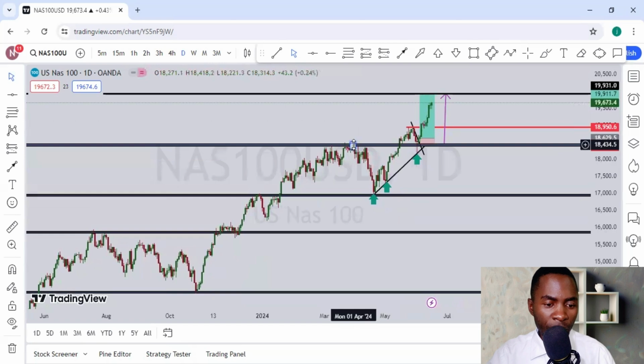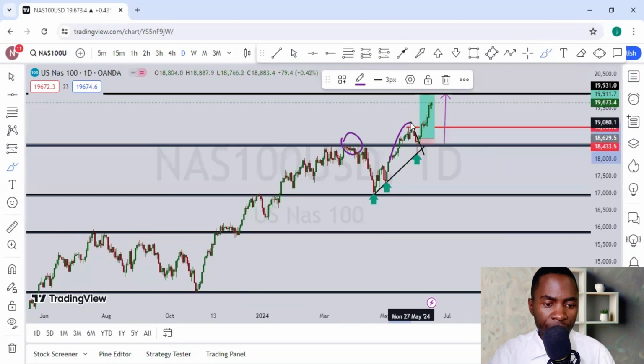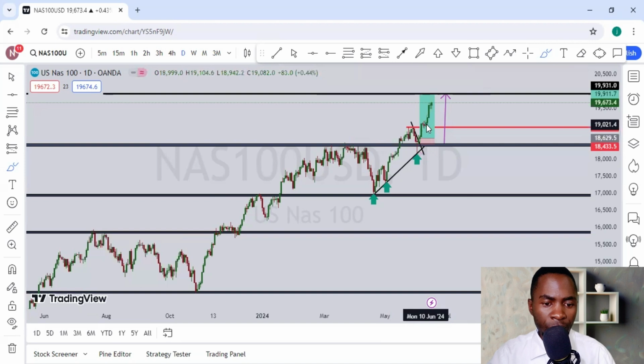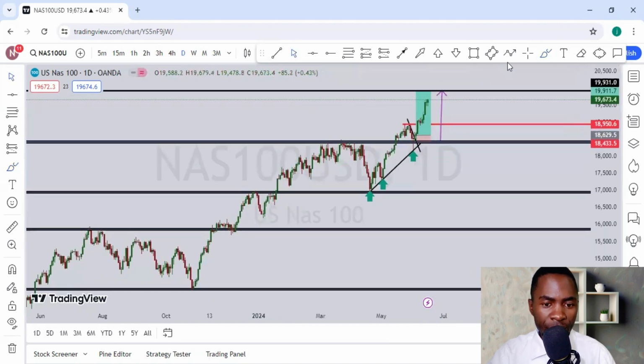You can see the market was at resistance around here. Then the market broke my resistance and came to form a support around here, and also the market went to my take profit. So that was one confluence that gave me an edge to take this trade.